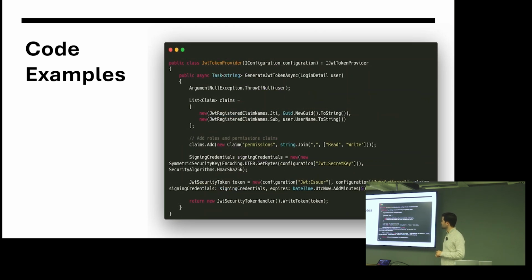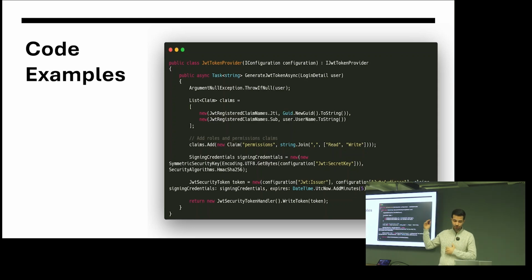In this configuration, as you can see, suppose that a user has entered their username and password. First, I have checked in the database to see if the user has entered the correct username and password or not.